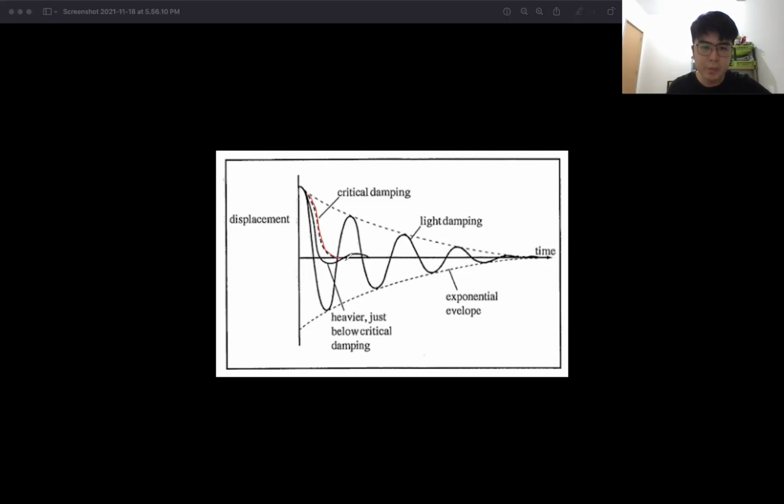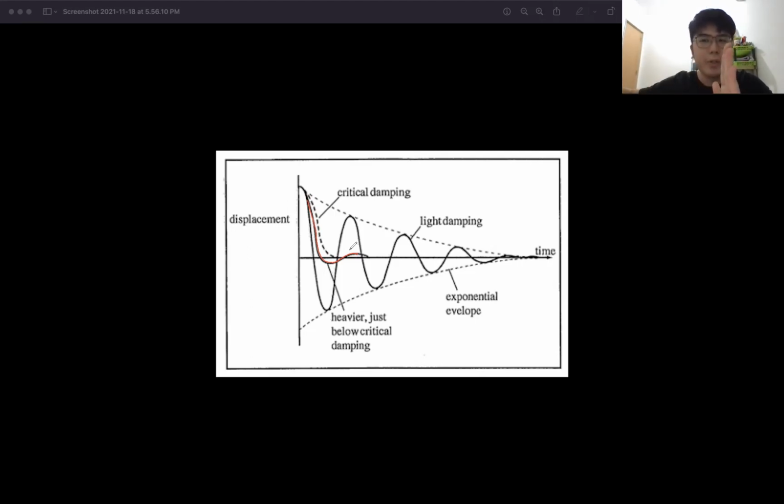You can see that there's no vibration, right? Critical damping, there's no vibration. So in a very short period of time, we want to bring it down to equilibrium. And also this heavier one, just below critical damping. You can see that when it comes down, it goes past the x-axis because it comes down too fast, so sometimes it overshoots a bit, not stopping exactly at the equilibrium position.